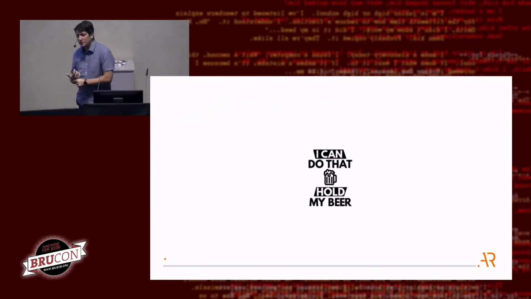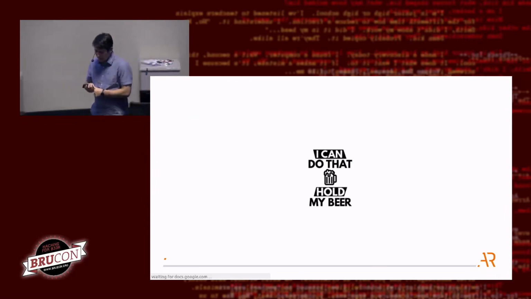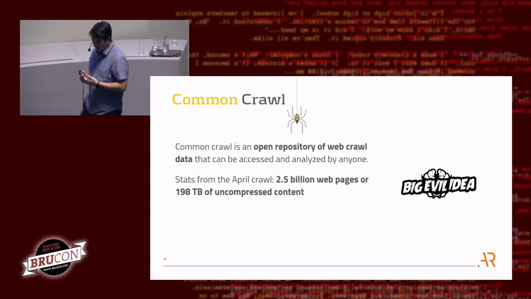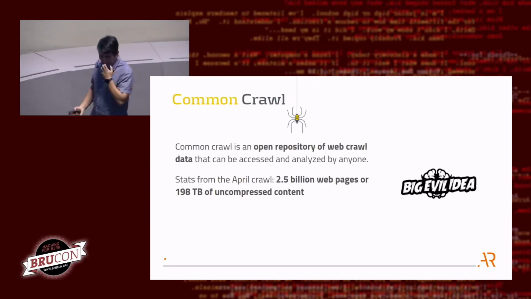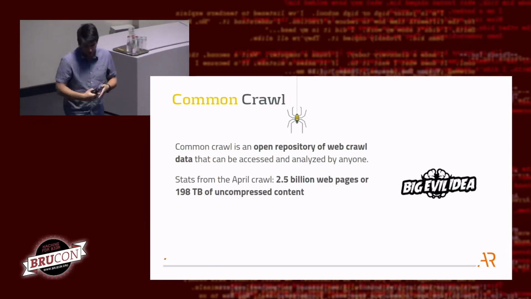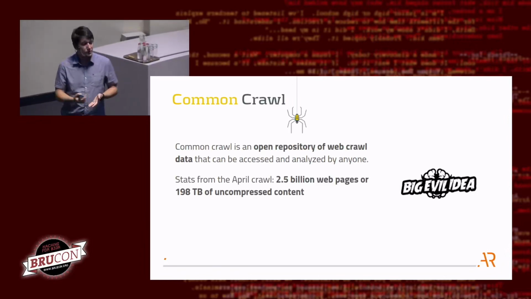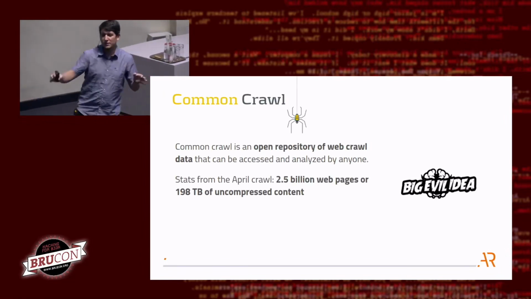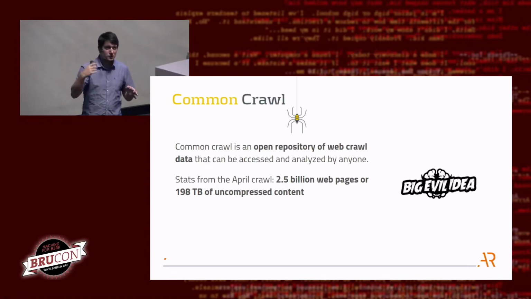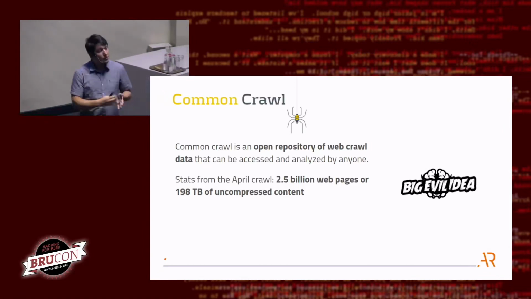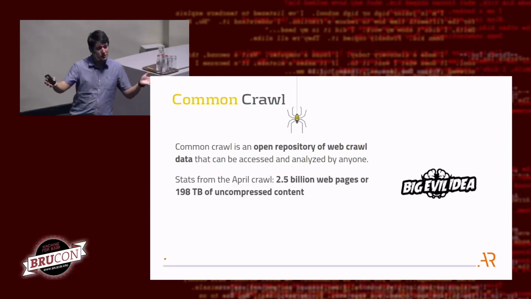Or it is. Actually, something like this exists, and it is the Common Crawl. Common Crawl is a non-profit in the US. They crawl the internet every month, and they save the HTTP responses for all of the traffic of crawling the internet.